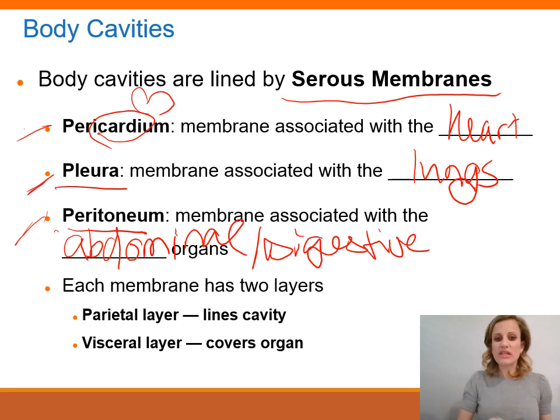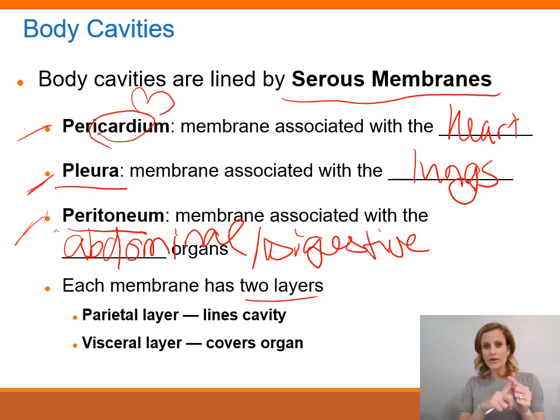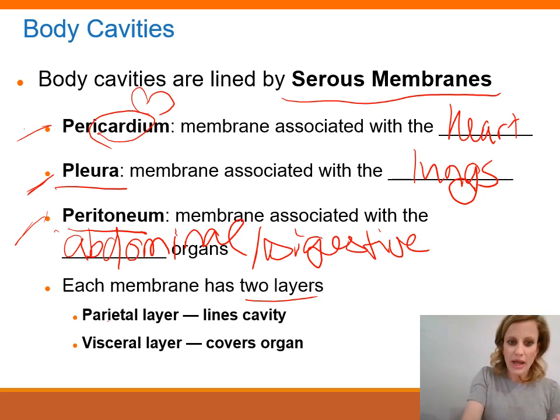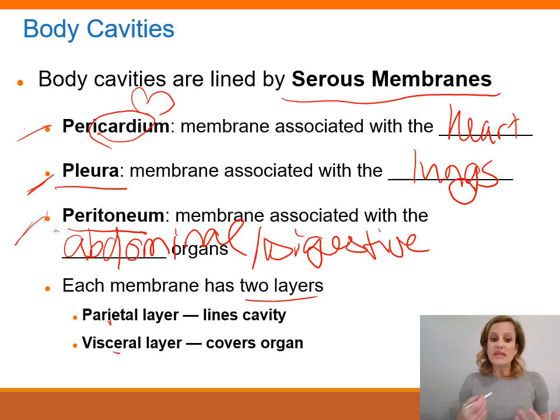Now, each of these membranes, the pericardium, the pleura, and the peritoneum, has two layers. They are two-layered membranes. The two layers are called the parietal layer and the visceral layer. So that means there's a parietal pericardium and a visceral pericardium. These two layers are named according to whether they're lining the organ itself or the body cavity, the cavity wall.